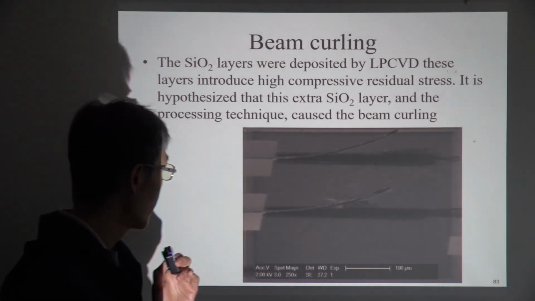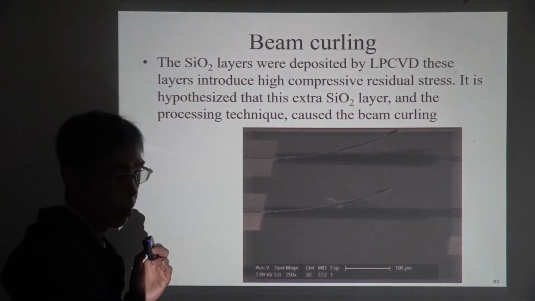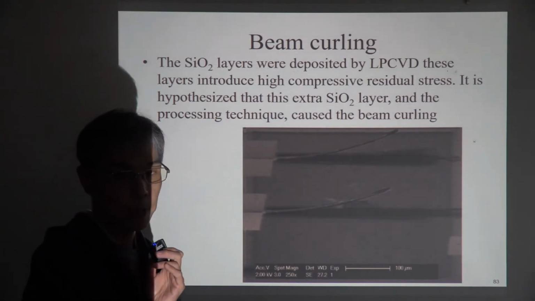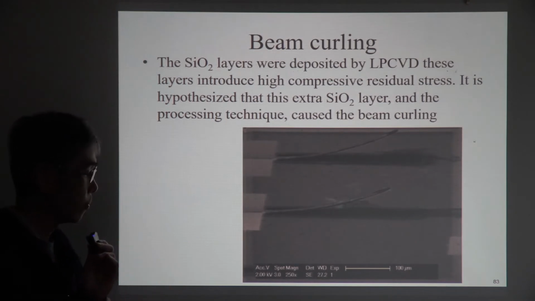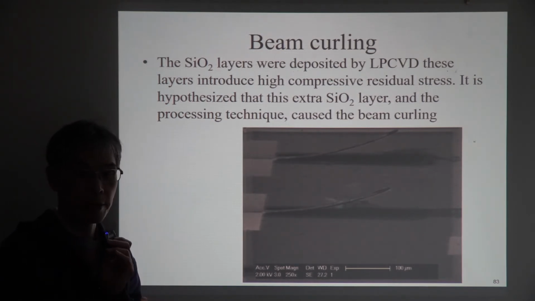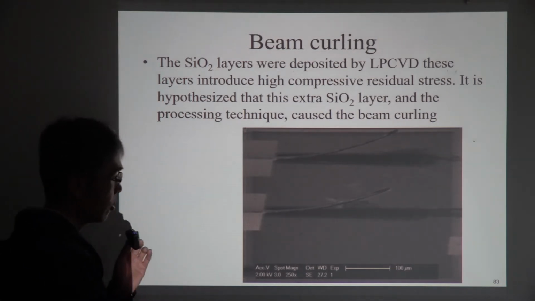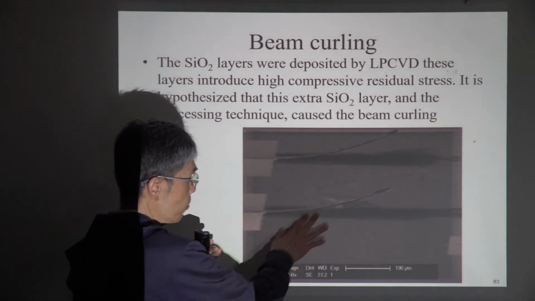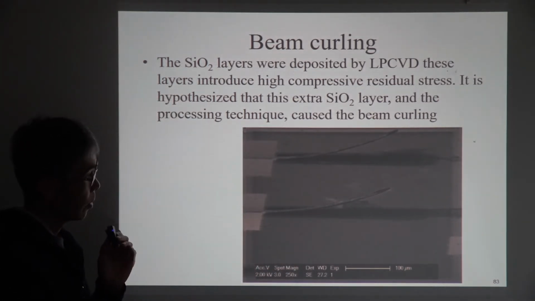So this is a SEM photo of the device, scanning electron microscope photo, and it has high magnification. So it's good for us to see the deformation of the device.